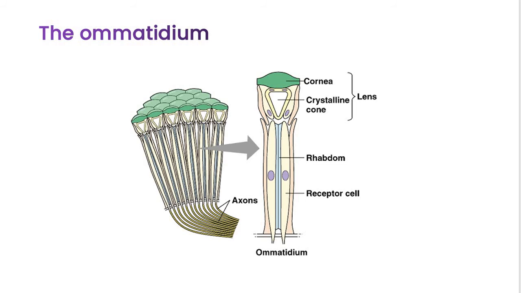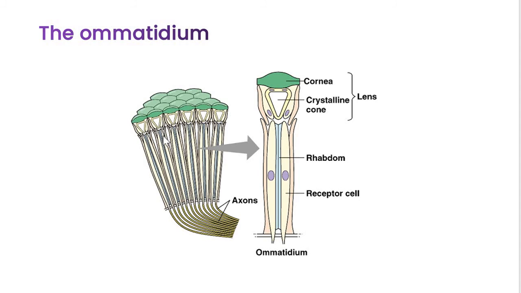The compound eyes are composed of a large number of alike structural units called ommatidia. From the facets, you can see, the total number of ommatidia of a compound eye can be estimated, and they are arranged in hexagonal form, right?